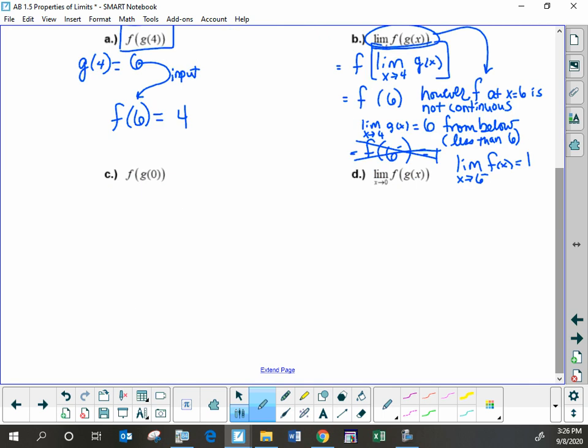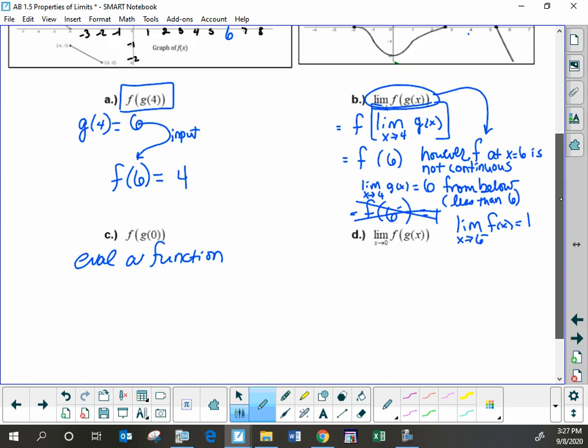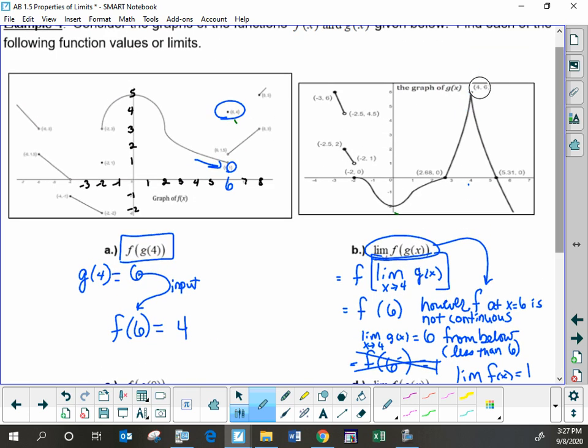That might be a little more appropriate to write than what I had originally scheduled. Okay, C, f of g of 0. This is just evaluating a function, and those are a little easier than evaluating a limit. g of 0 gives me -2.